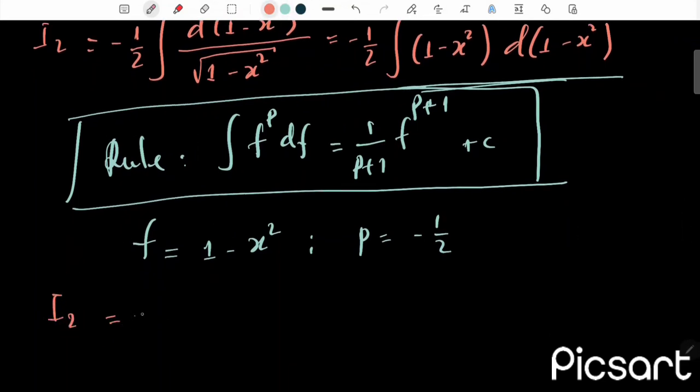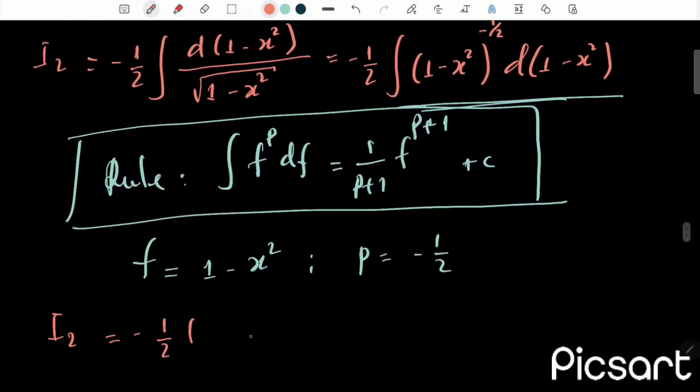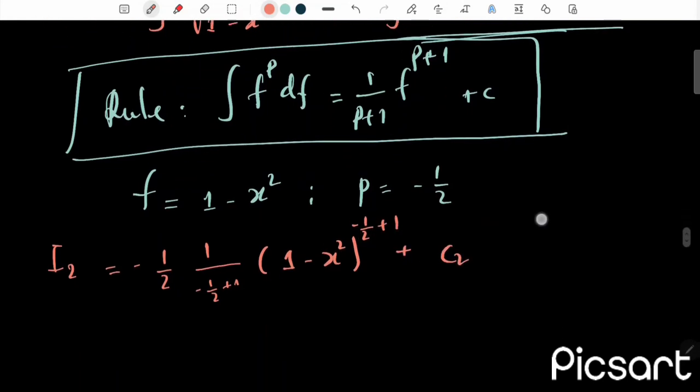We have now I2 equal to minus 1 over 2 times 1 over minus 1 over 2 plus 1 times 1 minus x squared to the power minus 1 over 2 plus 1 plus c2.